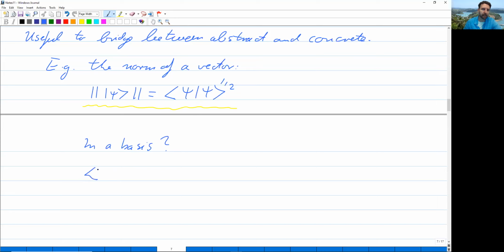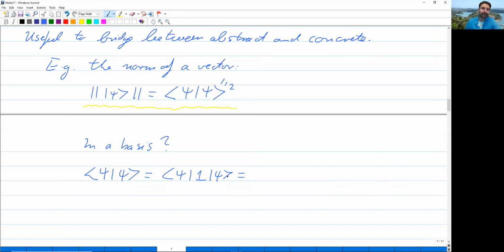Well, there we have to work out what is psi. And the trick now is to use a resolution of the identity in the basis that we want to work with. Let's say we want to work in the B basis. Then we write it like this. It is the bra psi, and then we write here the identity operator, psi. Surely we have not made any mistakes so far, because we just put the identity here. What does it do? It acts on psi and outputs psi, the identity map.